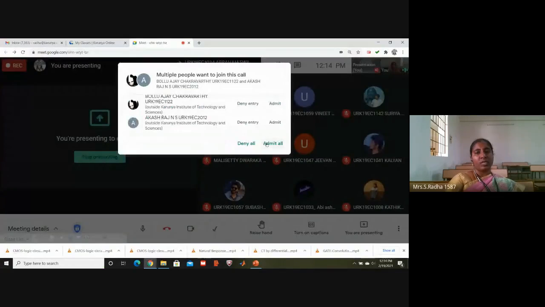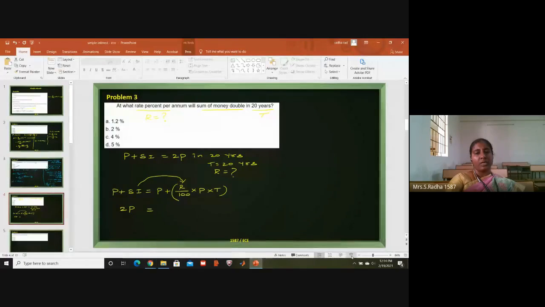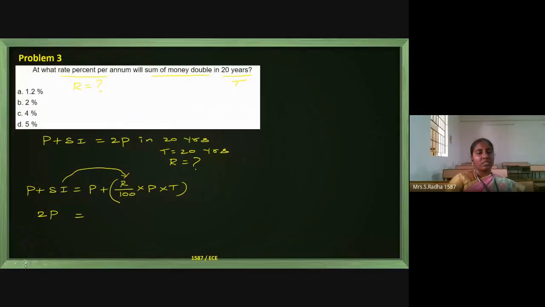So I am putting 2P on the LHS, because in the question the sum is getting doubled. P plus SI is nothing but 2P, and I am substituting that here. On the RHS, R value we are yet to find, divided by 100 into P, and the time is 20 years.